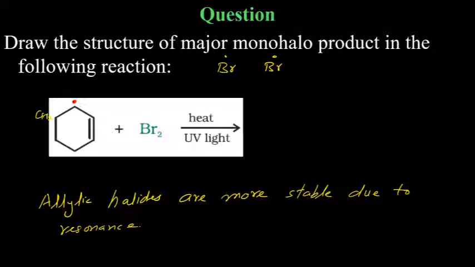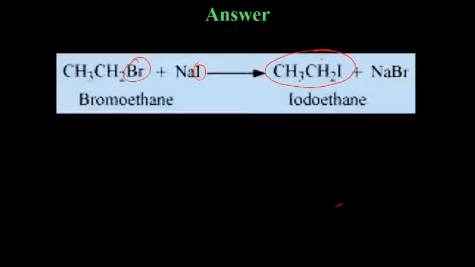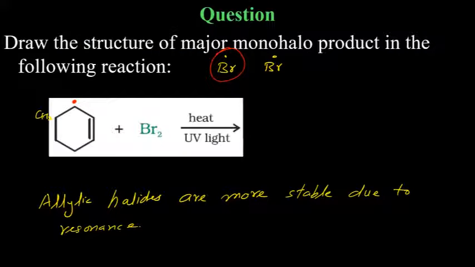So this is a free radical and a bromine free radical. Now, why does the free radical form? The reason is that the allylic free radical is more stable. As I said, allylic compounds. So this is an allylic free radical. Why is it an allylic free radical? Because where it has the extra electron, the double bond is on the adjacent carbon.